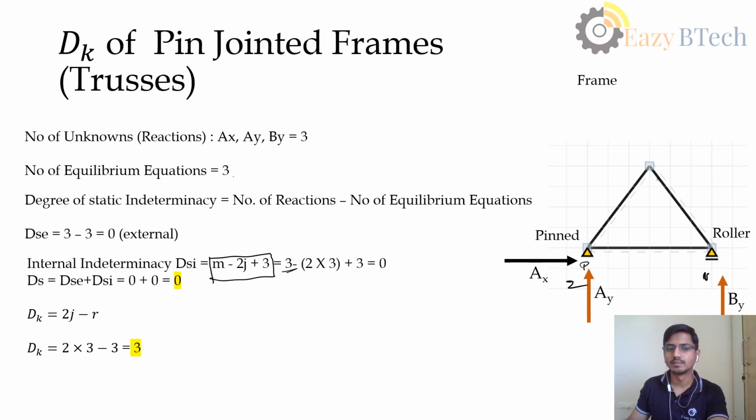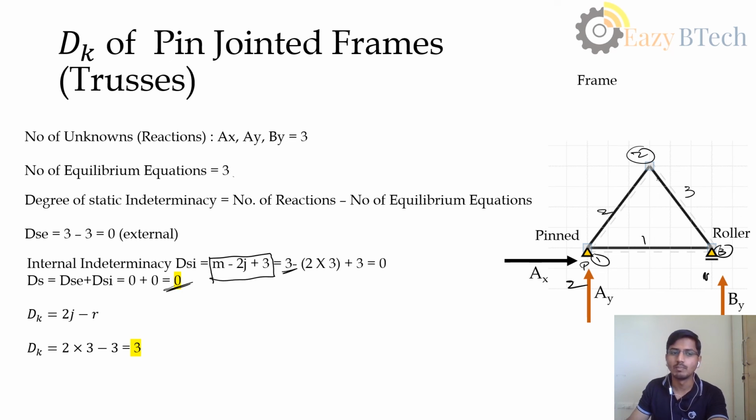Here we have 3 nodes and 3 members, 1, 2, 3. The number of joints is 3 and the number of reactions is 3. Substituting, it gives 0.